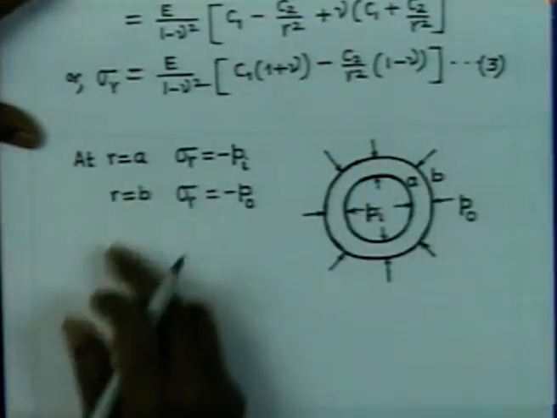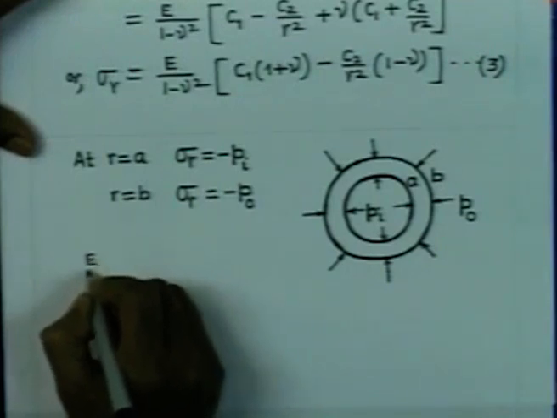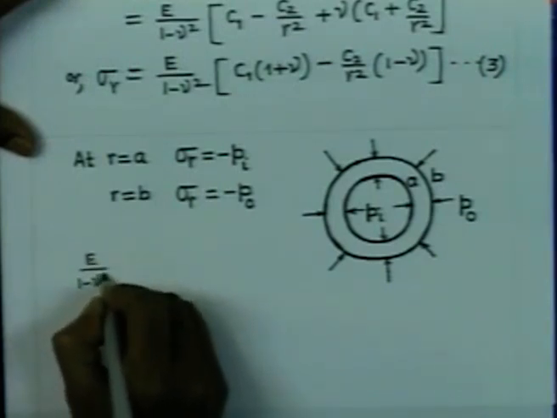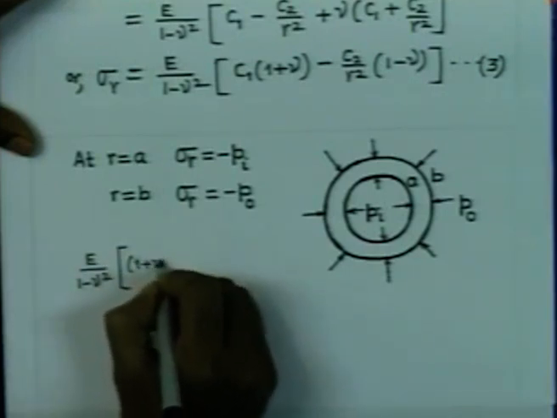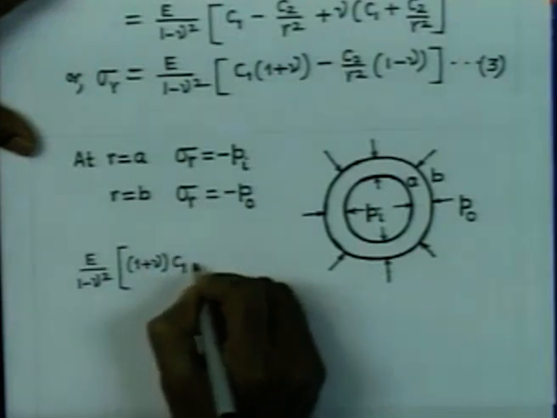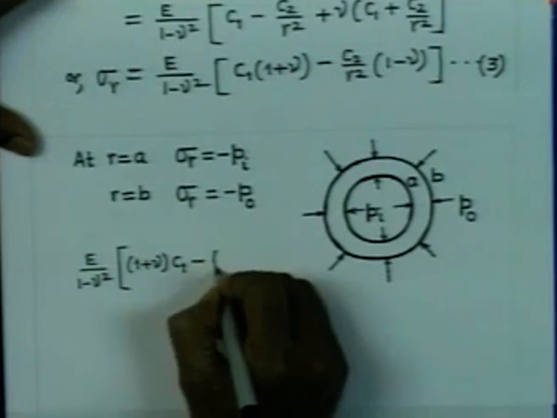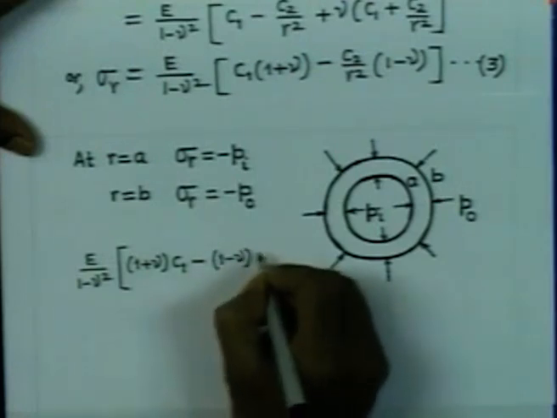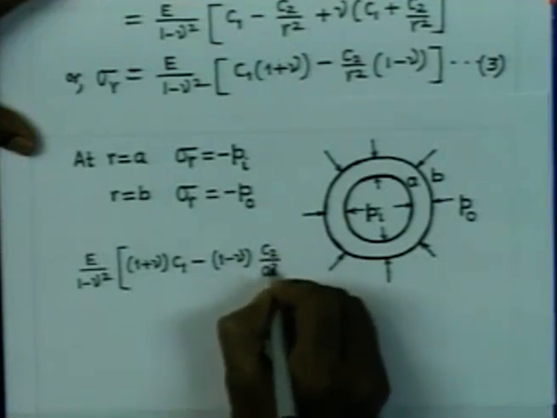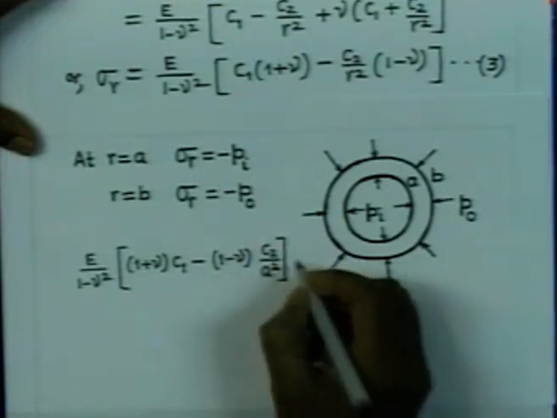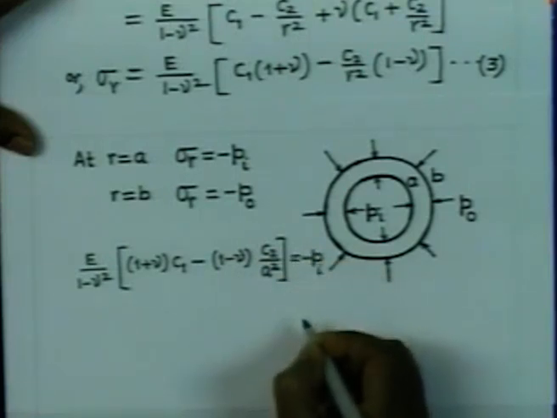So, if we substitute now, what we have is E by 1 minus nu square, 1 plus nu C1 minus 1 minus nu C2 by A square is equal to minus Pi.